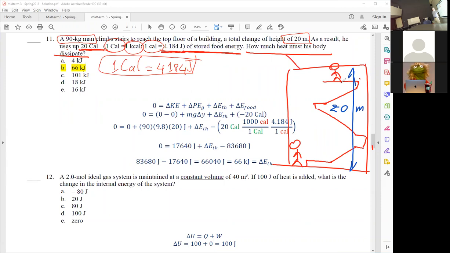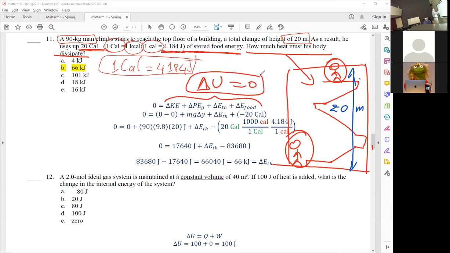So if we consider the system here, the man in his environment, as an isolated system, going all the way up from here to here, the internal energy of this system will remain constant. Whatever energy exchange happens stays in the system, and nothing comes from outside. So the total change in internal energy, delta U, will be equal to 0.